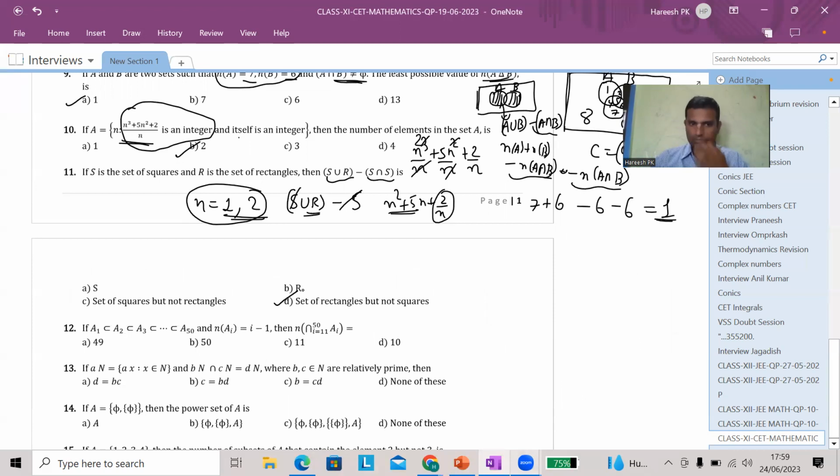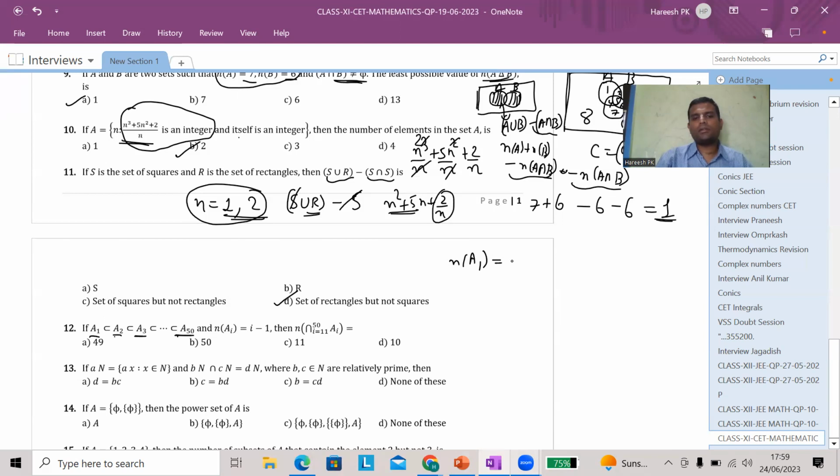Now, 12th one. They are saying A1 is a subset of A2, A2 is a subset of A3, like that, each is a subset. And the last one is A50. And they are saying a number of elements in A1. N of A1. How many elements is there in A1?